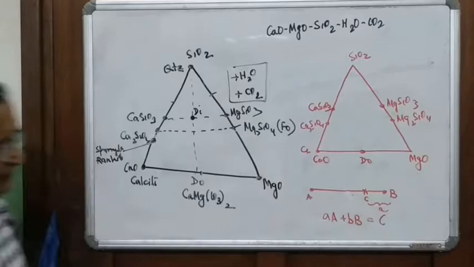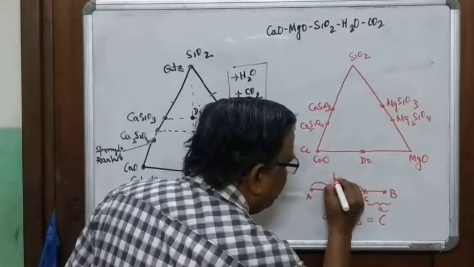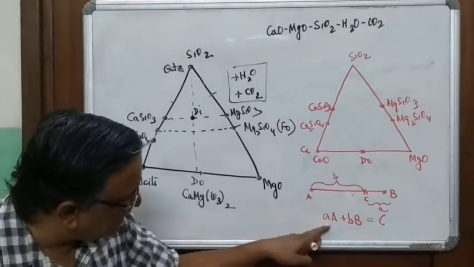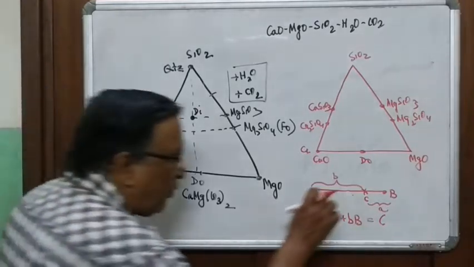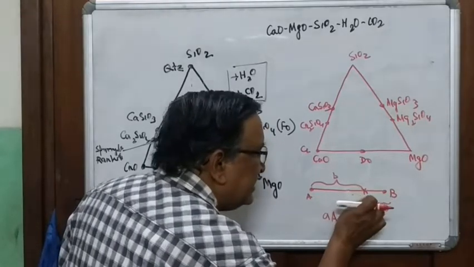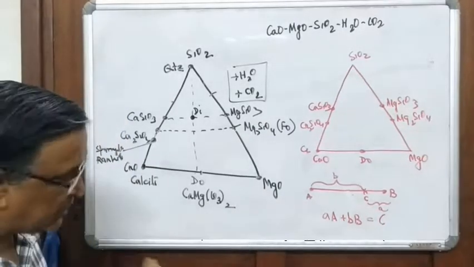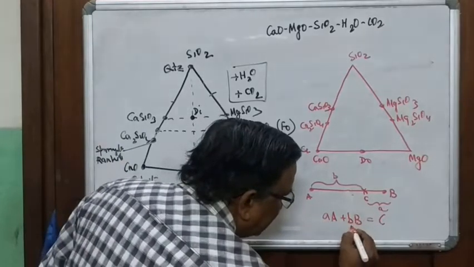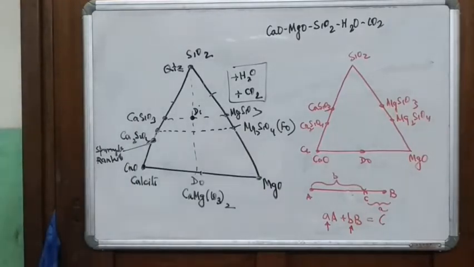And what is b? b is this mole proportion. So a into A plus b into B should be equal to C. That is, when the composition of a mineral plots between two minerals, then this composition can be resolved between the two end members, and a and b are the stoichiometric coefficients. Have you understood?